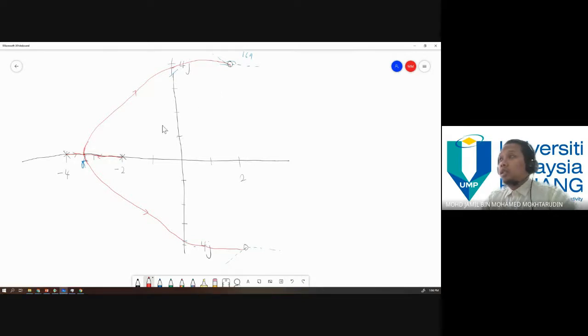Some students, when they plot zeros and poles, don't put the symbol circle for zeros and cross for poles. This is similar to some of you in project 1. In project 1, some of you didn't put a cross to represent poles when the question says plot the poles on the S-plane.